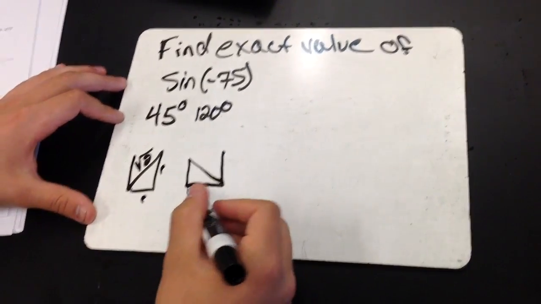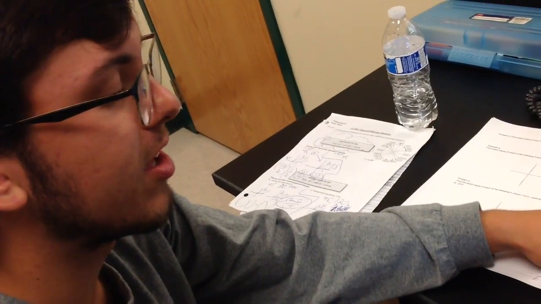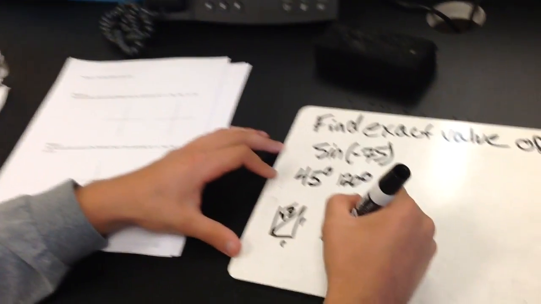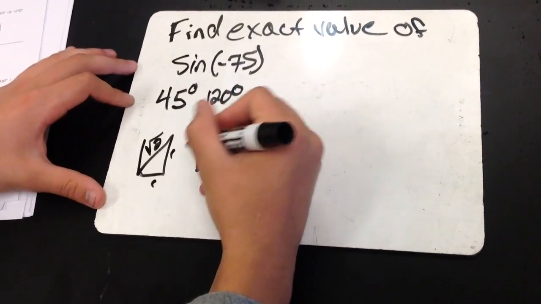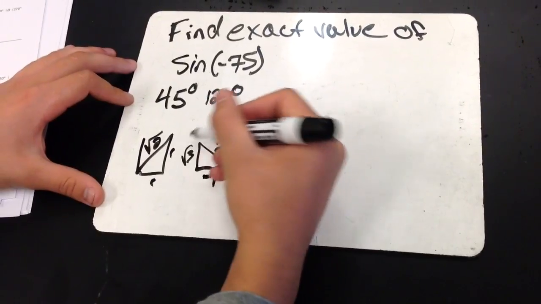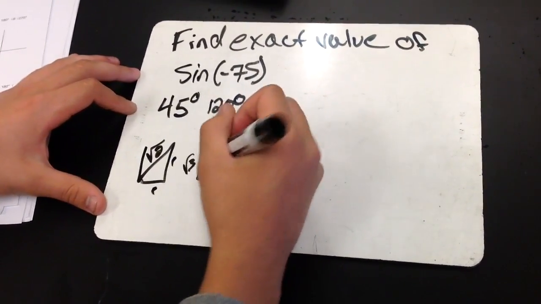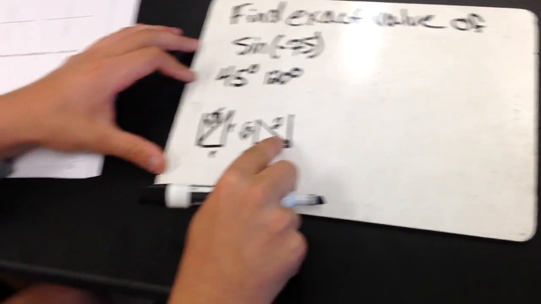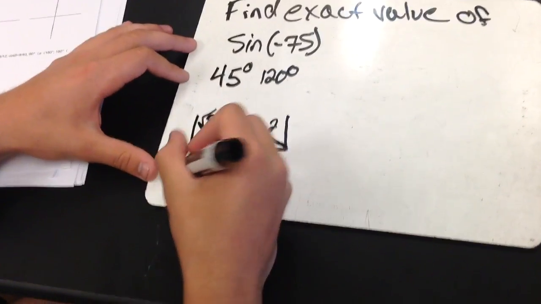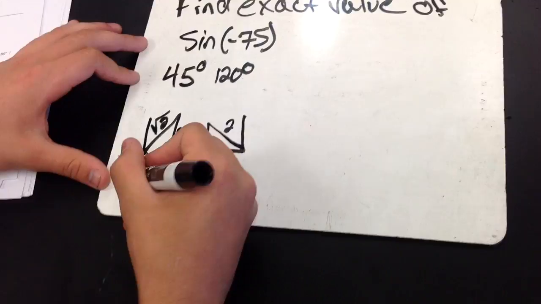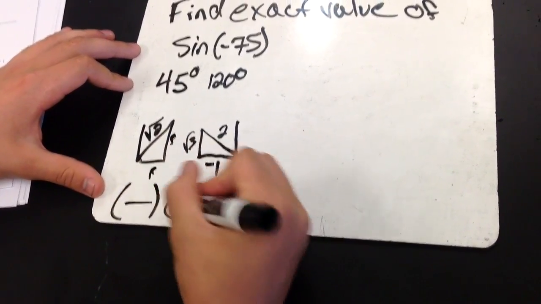And you got to remember that this is going to be a negative. So this would be a negative 1. This would be still a positive root 3 because the 60 degrees is going to be right here. Now we're going to plug these in as we normally would.